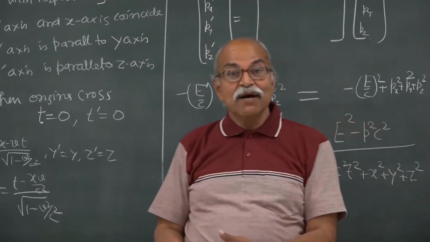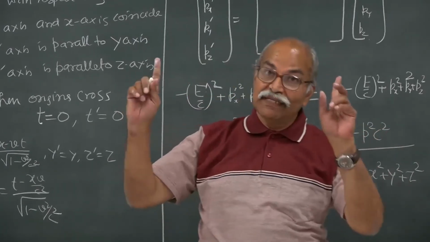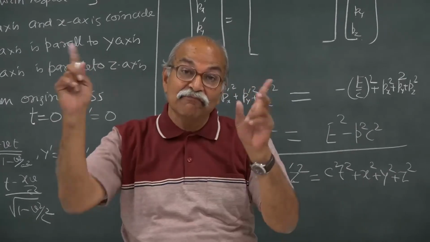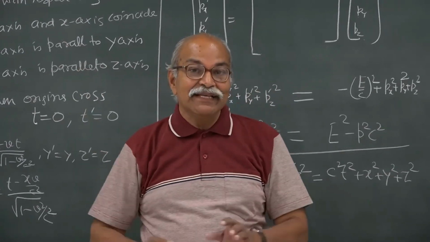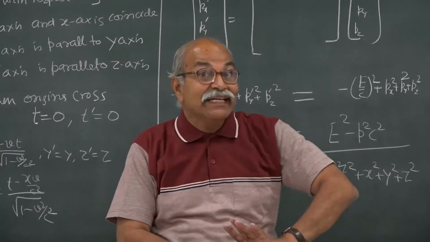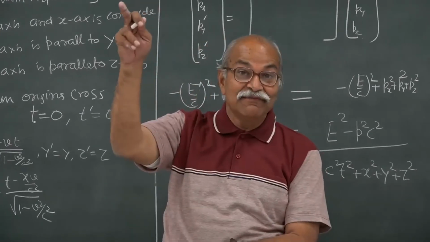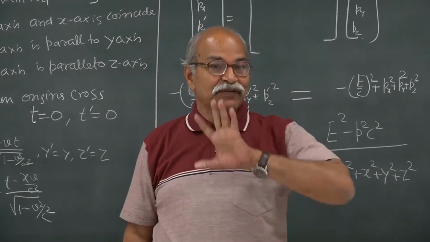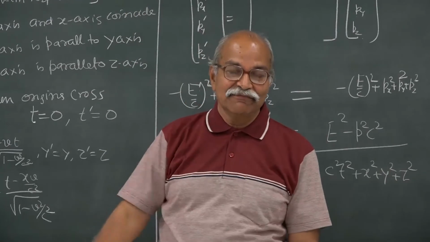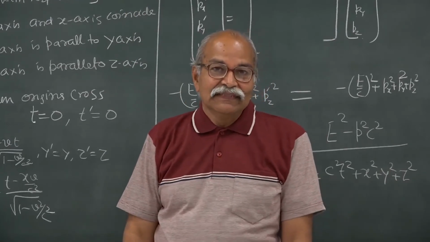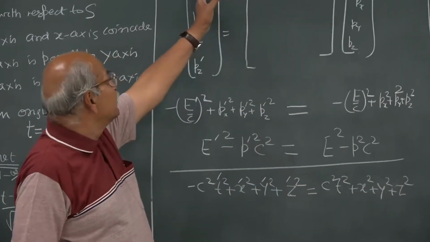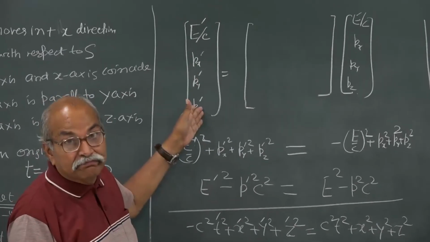We say there is one entity, space-time, and space and time are like components of space-time. When you choose a frame, you have fixed what is space and what is time. Similarly here, energy and momentum are mixed up.